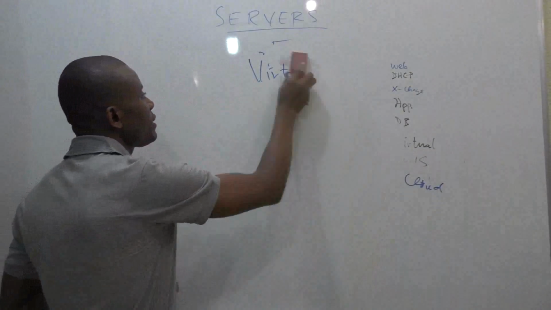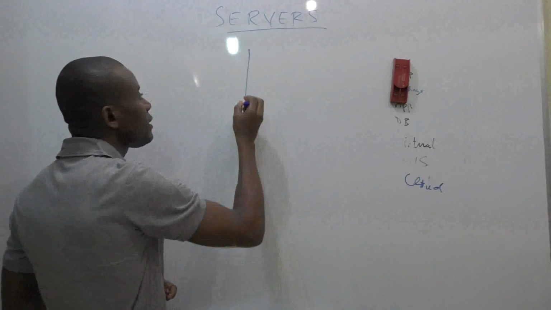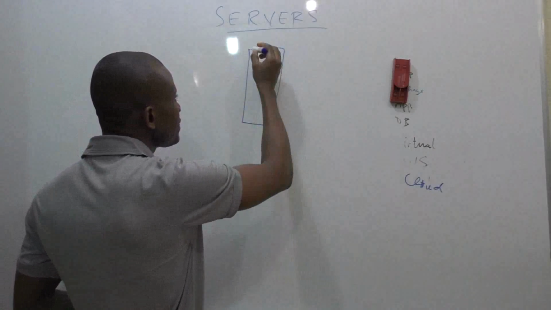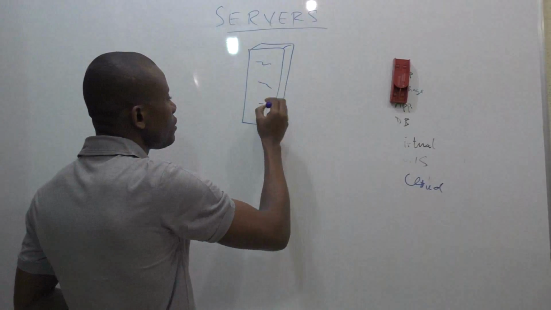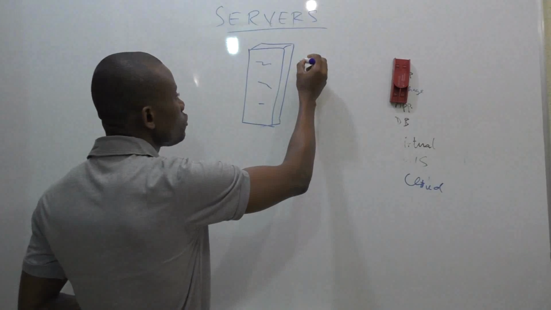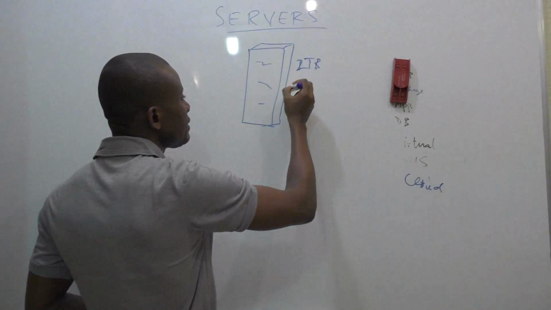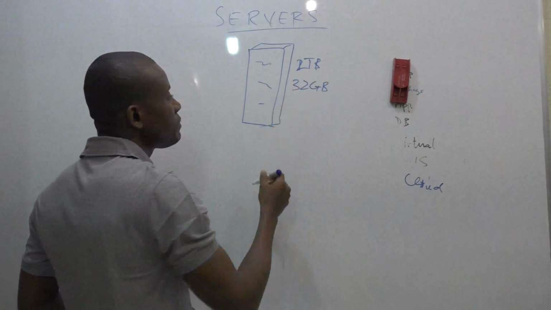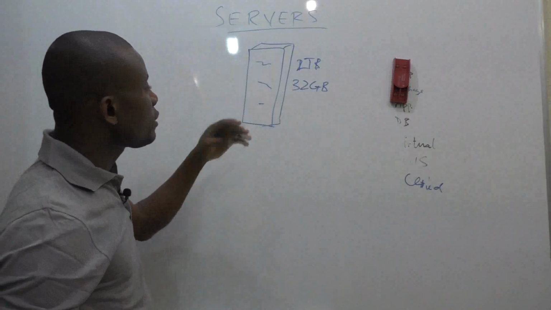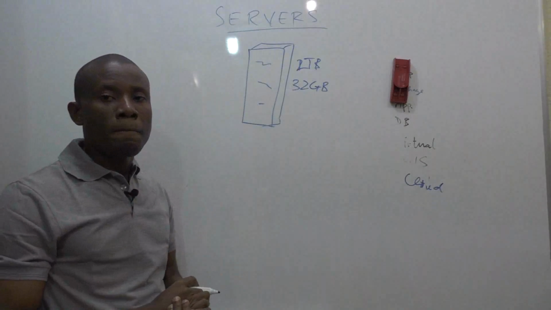Normally we have big computers that are maybe 2 terabytes and 32 GB of RAM. Very, very big computers that are the servers.